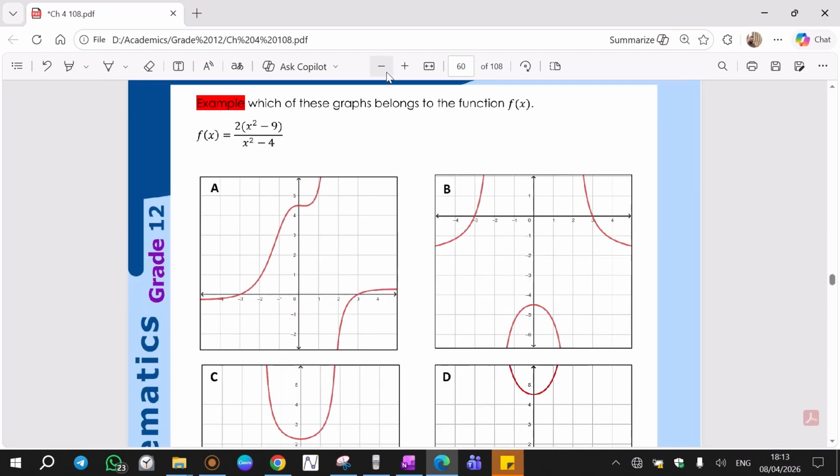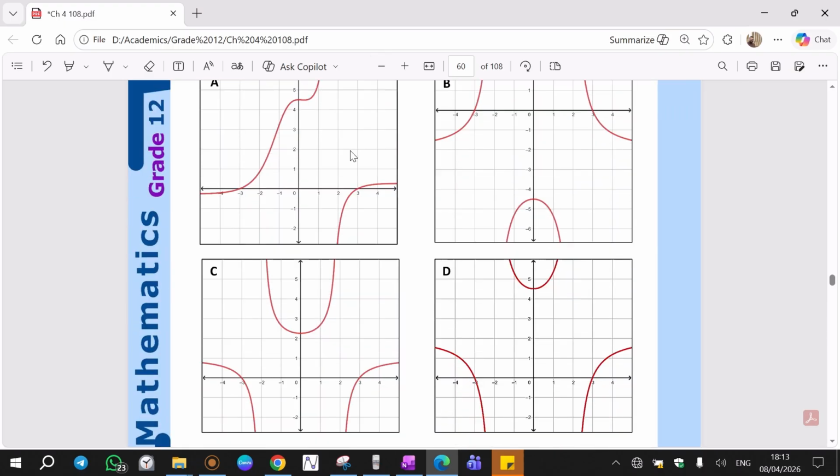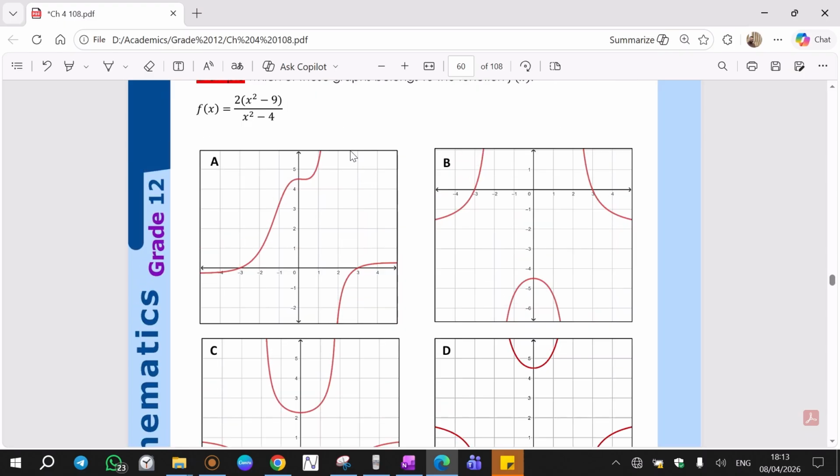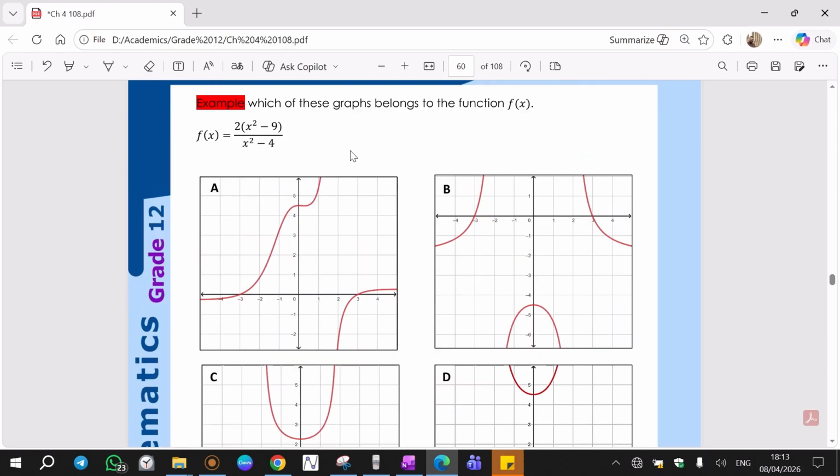There are 2 types of questions. We either have one function and 4 different graphs, like this example, or we have one graph and 4 different functions. In the case when we have one function, we get points from the function. In case if we have one graph, we get points from the graph.